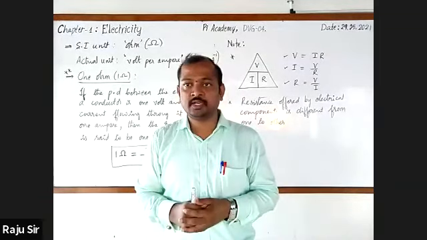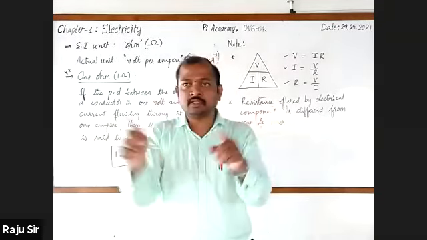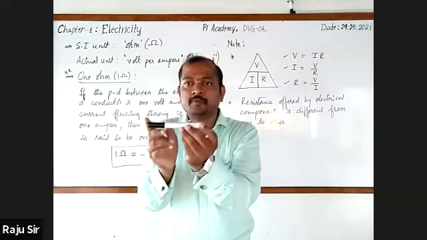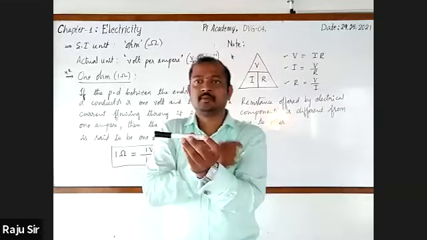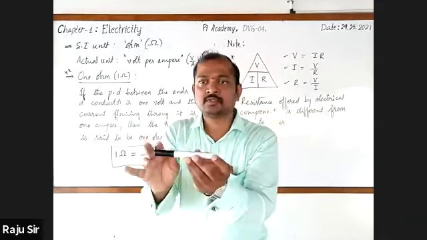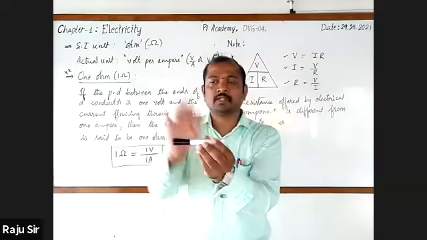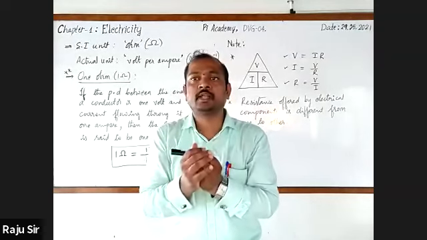Got it? Imagine that there is a conductor. It offers low electric resistance. It opposes the flow of electrons in less amount. Nothing but it is offering low electric resistance.